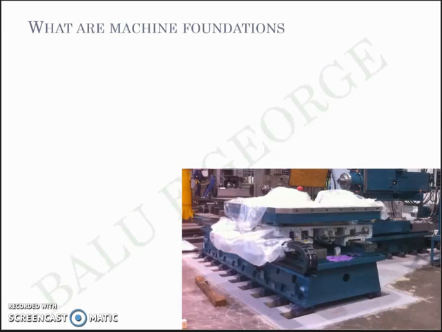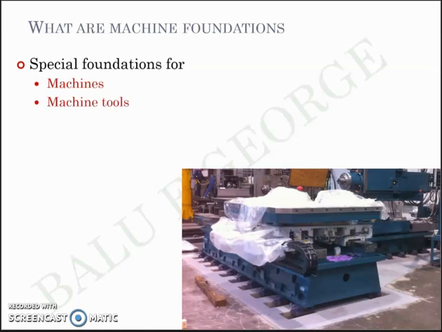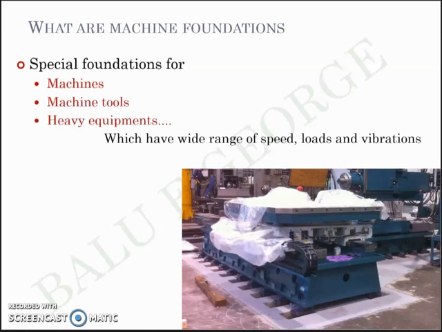Machine foundations. We'll move to the last portion of our syllabus. Now machine foundations, they are special foundations for different structures like machines, a lathe being an example, machine tools or other heavy equipments which have a wide variety of operational speeds, a variety of loads and vibrations in addition.